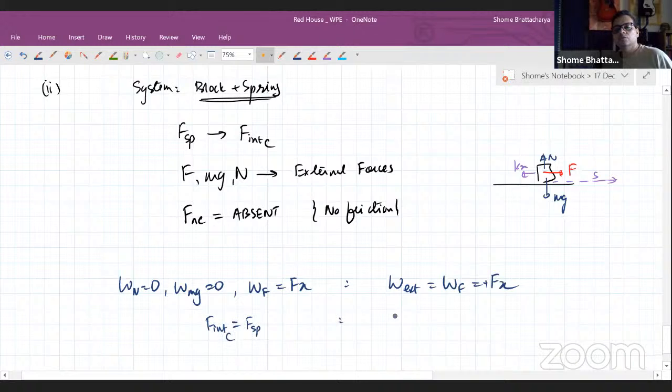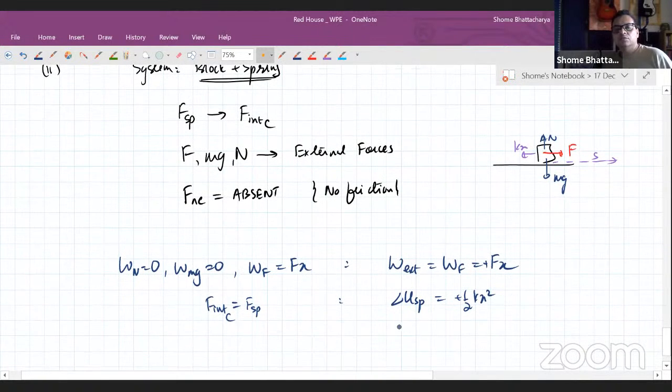So we know that the change in potential energy of the spring is plus half kx square, whereas the work done by the non-conservative force is 0, because there is no friction present.